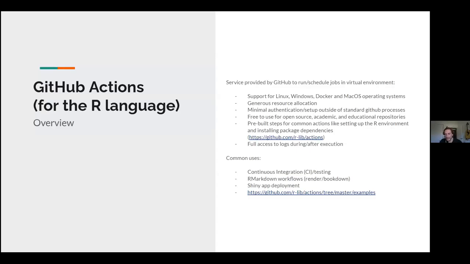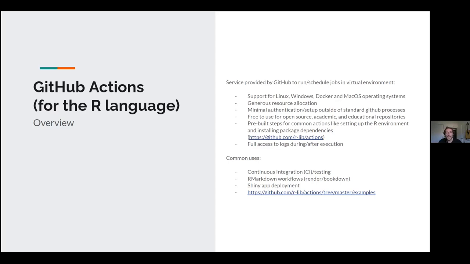I think it allows you to run 20 concurrent jobs that take up to 6 hours each. There's really minimal setup outside of the usual provisioning of a GitHub repo and GitHub account, which probably most of us are familiar with. It's free to use for open source, academic and educational repositories, which is huge. That's a really big one. Free to use is definitely a good quality there.